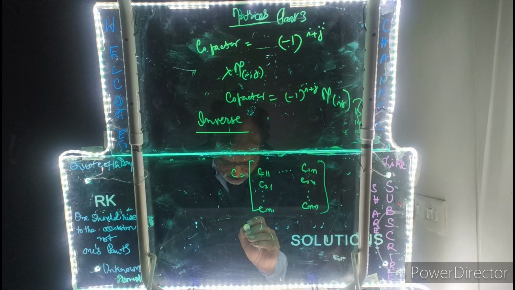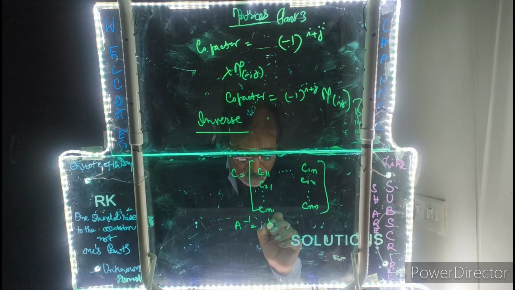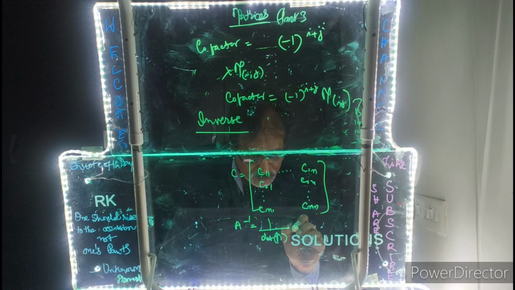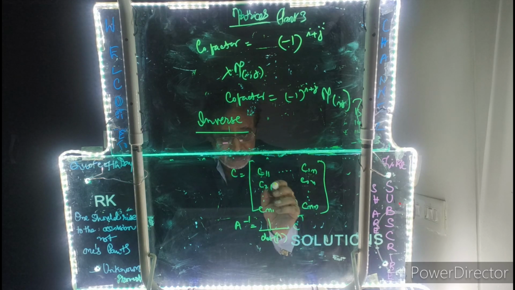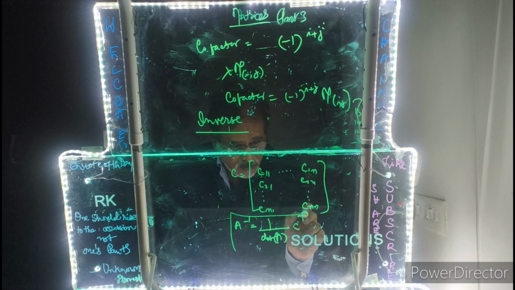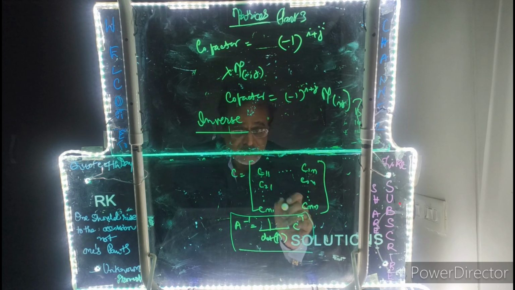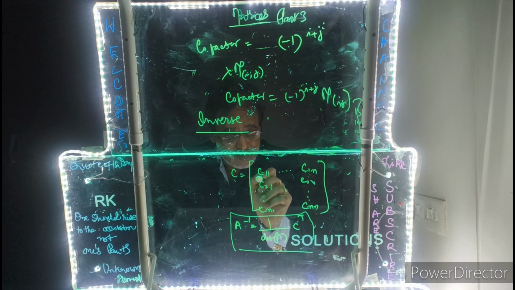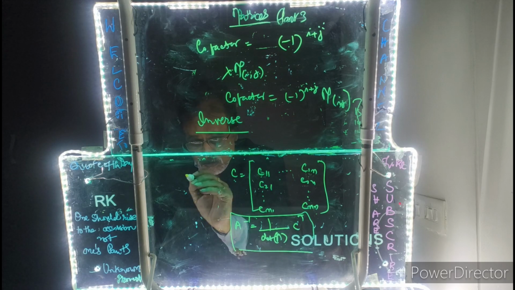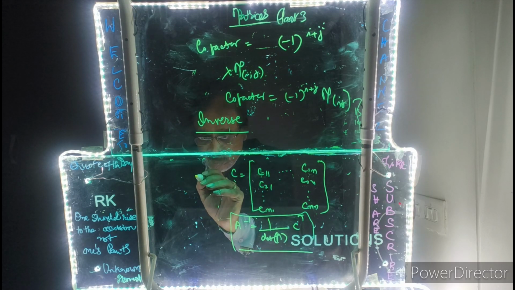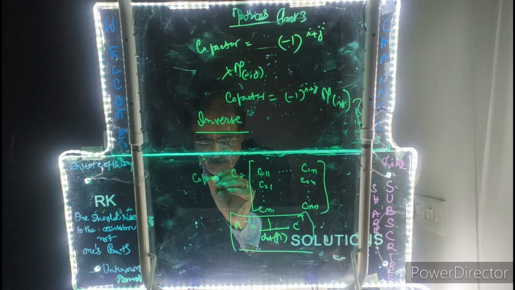And the inverse will be given by 1 by det A times C transpose. This inverse is given by the transpose of this cofactor matrix. We call this the cofactor matrix.